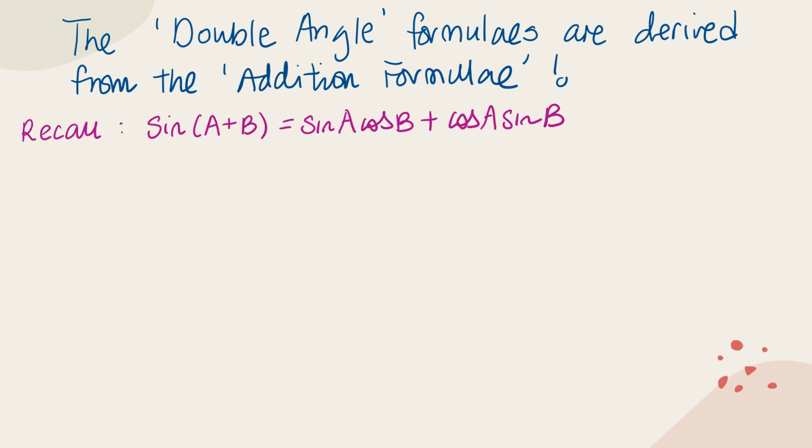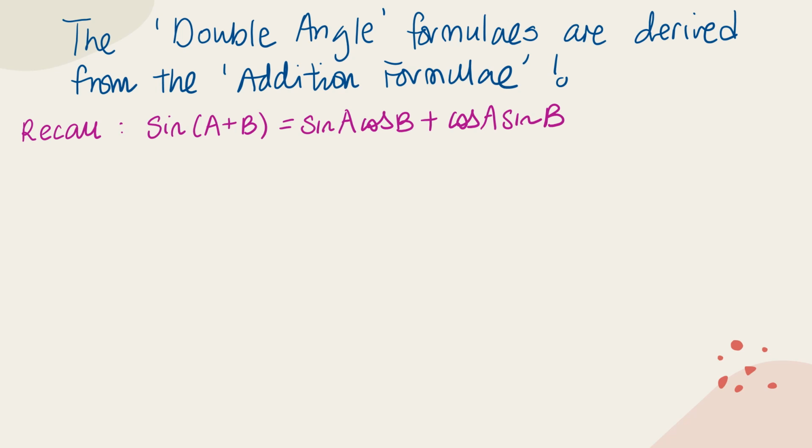Let's recall the addition formula for sine. If you have sine bracket A plus B, it equals sine A cos B plus cos A sine B. How are we going to make use of this to find our double angle?